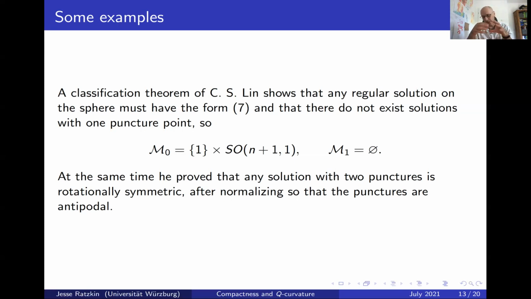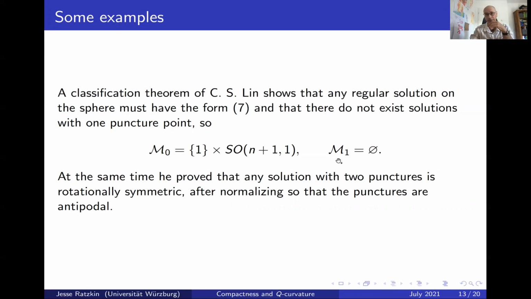So what does that tell you? That tells you that if I don't have any puncture points, then my solution must be the metric of the round sphere up to a conformal motion. So that's what this says, modulo conformal motions. The only solutions with 0 punctures are the standard round metrics.